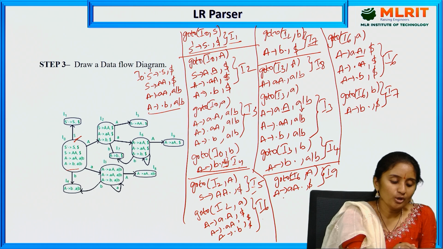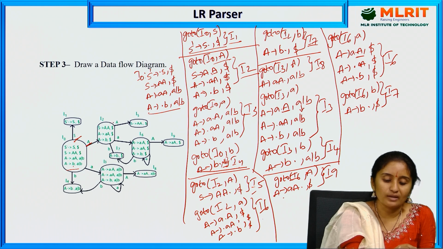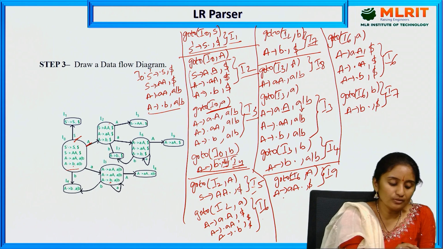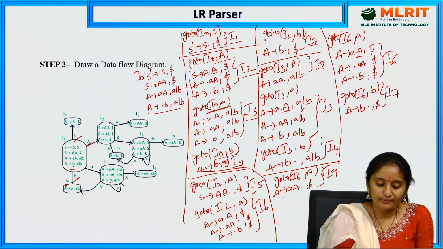Now I0 on capital A. It is moving to which state? I2 state. So we are going to write these productions here. I0 on small a. It is moving to which state? I3 state. Next, I0 on small b. It is moving to the I4 state.